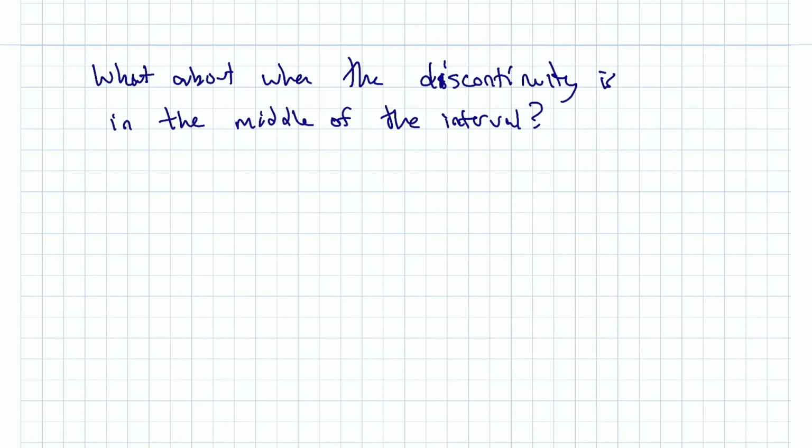Like this. So if I go from 8 to 10 of 1 over x minus 9 squared or something like that. What if you have that? So the problem is at 9.